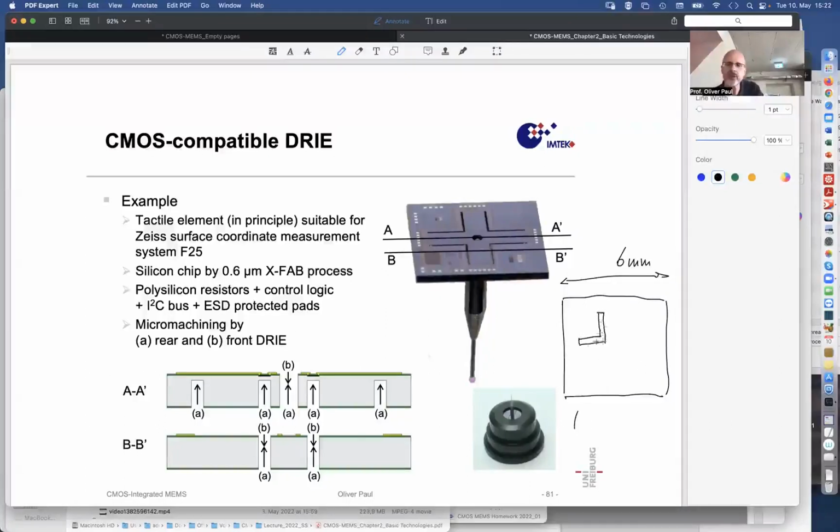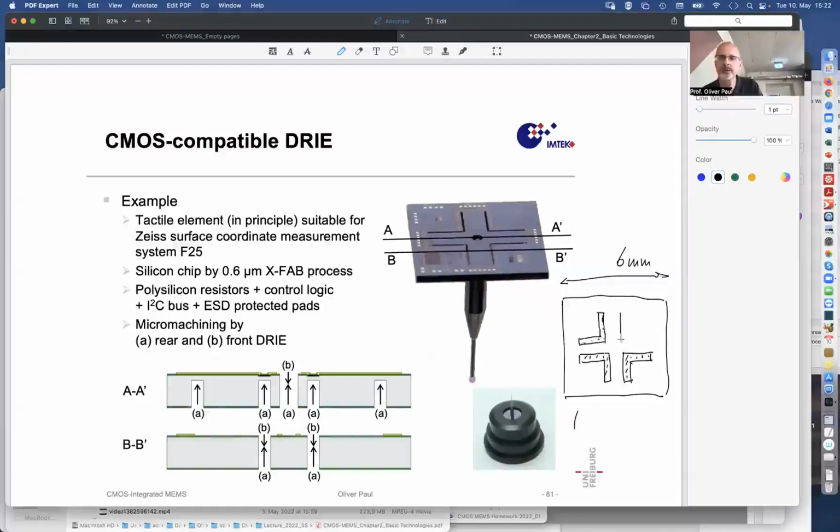Yeah, so this is all removed, and this is also all removed. So the etch mask is on top, and it protects everything except the areas here where silicon is now exposed.